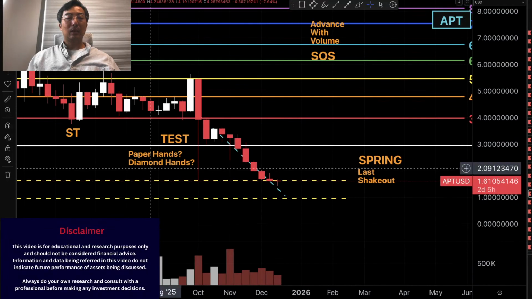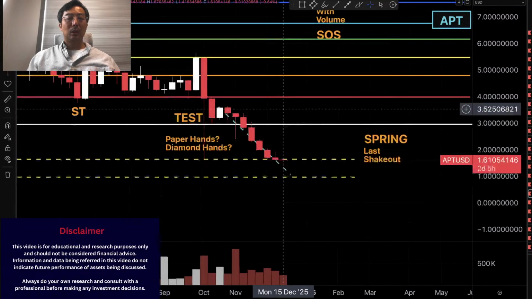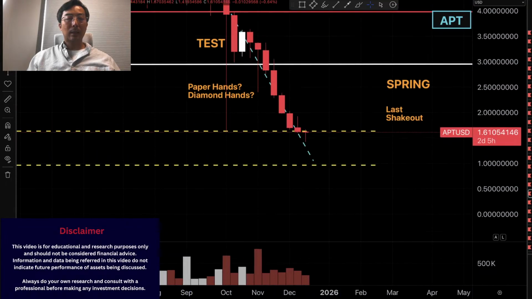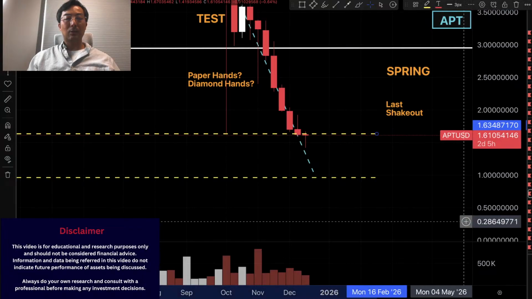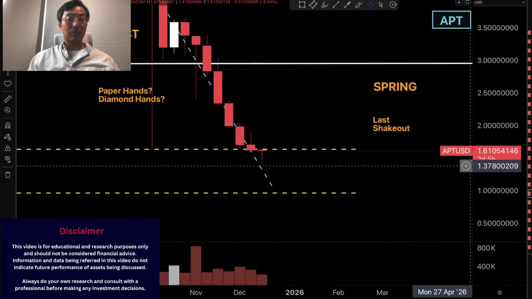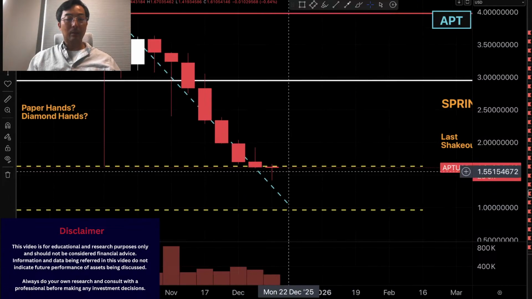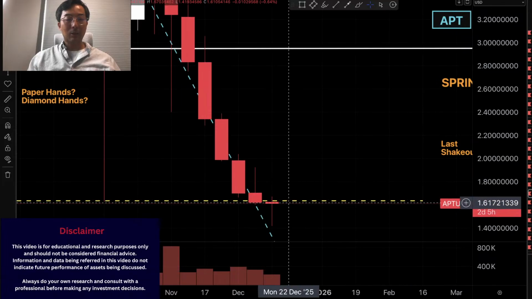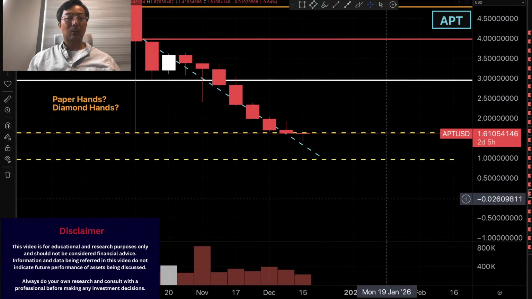Just that, these paper hands, diamond hands tests, it's going to continue. I'm glad to see it's finding support at this yellow dash line at around $1.60, especially this week. You see this long wick from the bottom, like a pin or a tiny cross, with strong support from below.